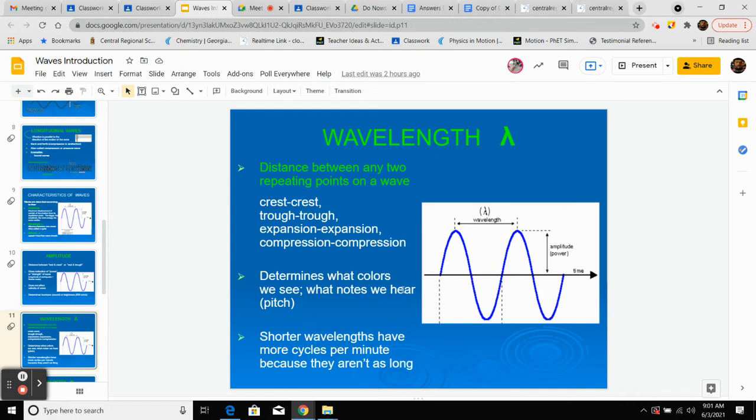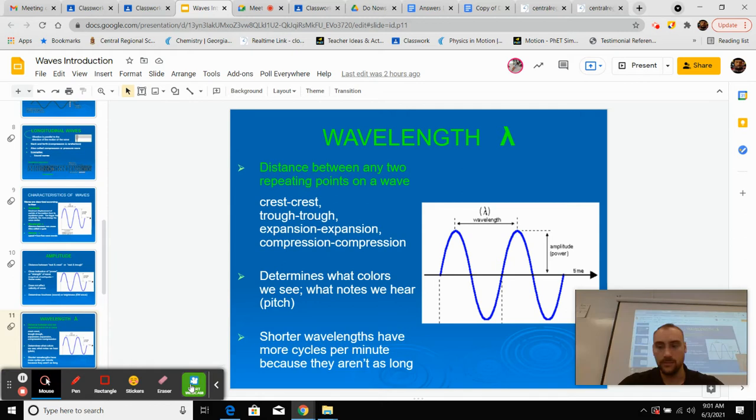So if you're thinking about wavelength, something that's oscillating up and down, if the wavelength is long, all right, it's not going to happen as often. The frequency is not going to be as great. So wavelength and frequency are generally inverse of one another.